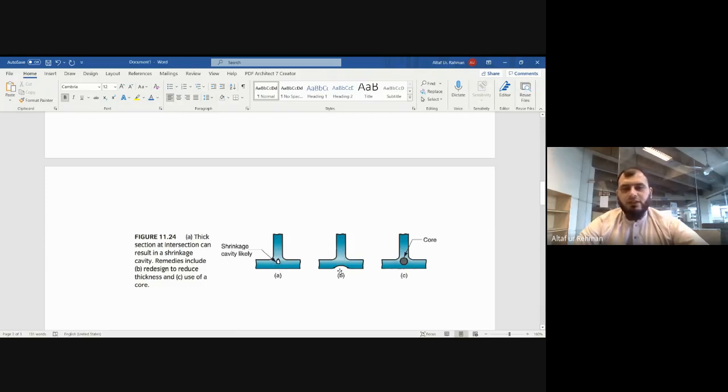So one solution to avoid this is to decrease the thickness of this section. Or we can design another core or internal surfaces into this section. If the design allows for such changes, here is one solution for addressing this issue. Another solution is to employ some cooling mechanism in this part.